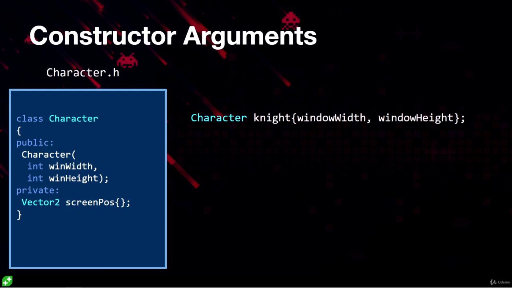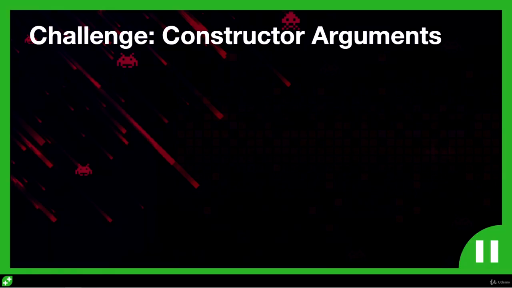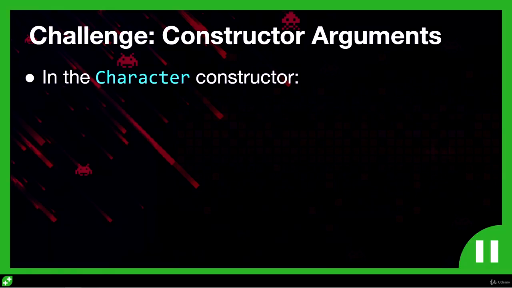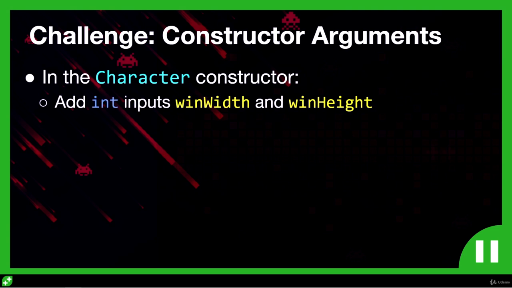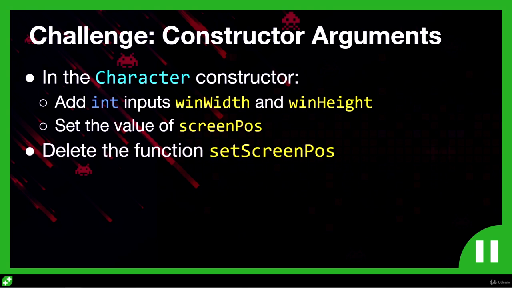So as a challenge, I want you to take the character constructor and add two input parameters of type int called winWidth and winHeight. I want you to set the value of screenPause in the constructor. And now that we're doing this in the constructor, we can delete the function setScreenPause.